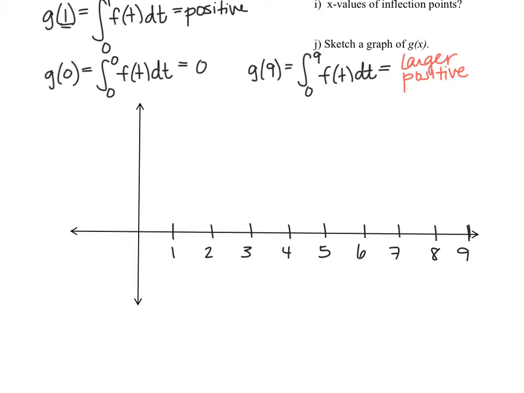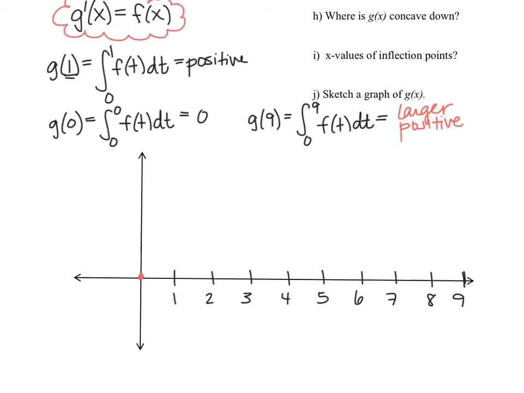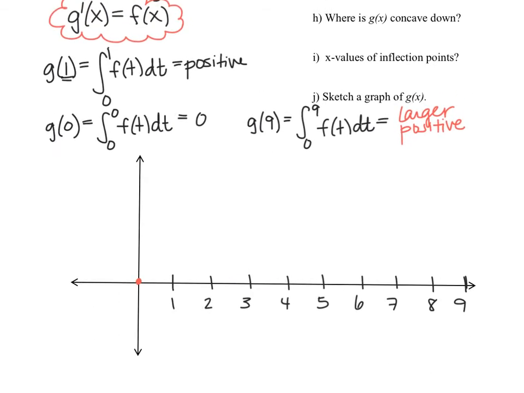So from above, we said that g of 0 was equal to 0. So we're going to actually plot that point. That means that we will plot 0, 0 on our graph here of g. Then up above, we also said that g of 1 here was a positive number.